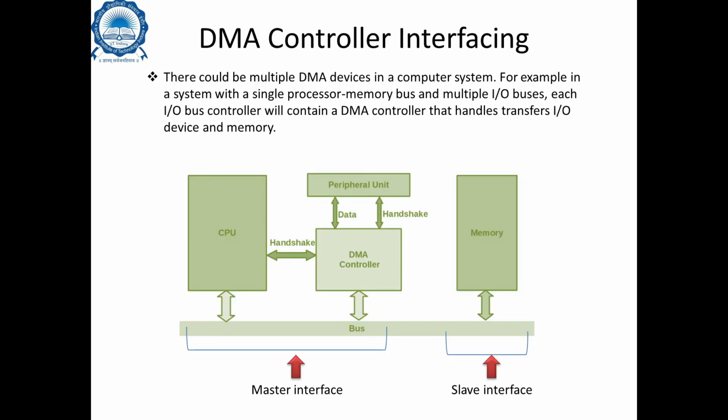So this shows a pictorial view of the CPU. You have the DMA controller of a respective peripheral unit, and you have the memory. The master interface is of course the CPU and the DMA controller. The DMA controller is connected with the peripheral through a handshaking mechanism, and you have a FIFO buffer inside the DMA controller, and they have two-way communication through the handshaking process.